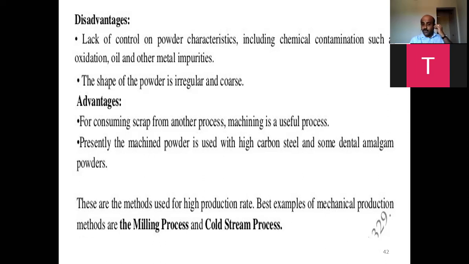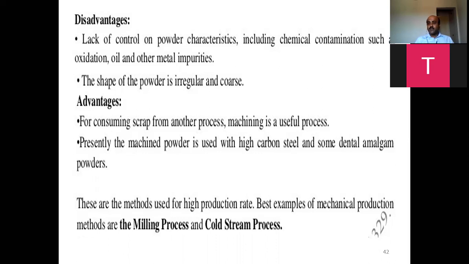For consuming scrap from another process, machining is a useful process. Presently, the machined powder is used with high carbon steel and some dental amalgam powder. See, the chips resulting from turning, milling, or drilling, whatever it might be, will be treated as scrap.